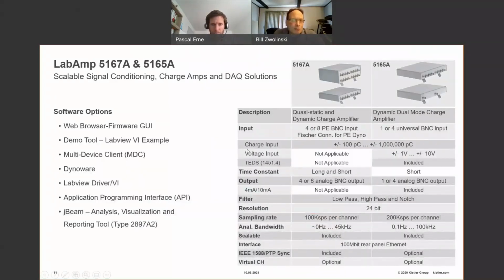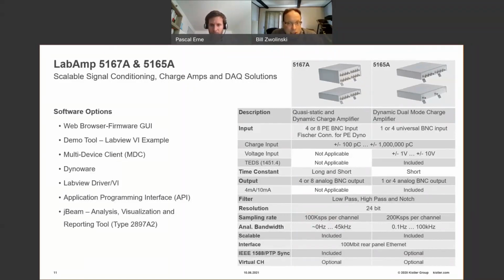Now that you have this signal as a voltage, with a charge amp or an IEPE signal available, you have to be able to sample it. There are other charge amps as well.